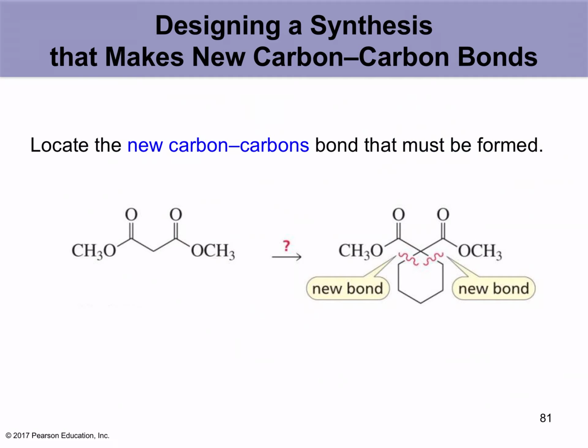Okay, so another one. Designing a synthesis that makes new carbon-carbon bonds. Locate the new carbon-carbon bonds that must be formed. So you are asked to make this molecule starting from this one. Now this one is malonic ester, right? So you want to make this product from that.